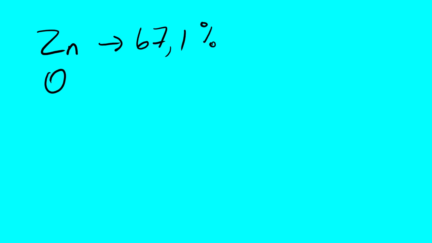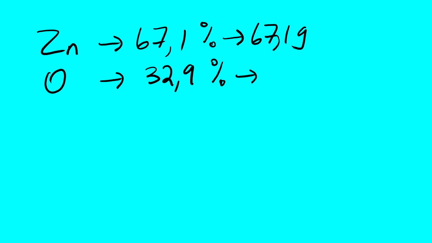So we can simply write: in oxygen we have 32.9%. From here we can calculate. We know that this is the same as 67.1 grams, and this is the same as 32.9 grams. It's actually grams, not percentage.